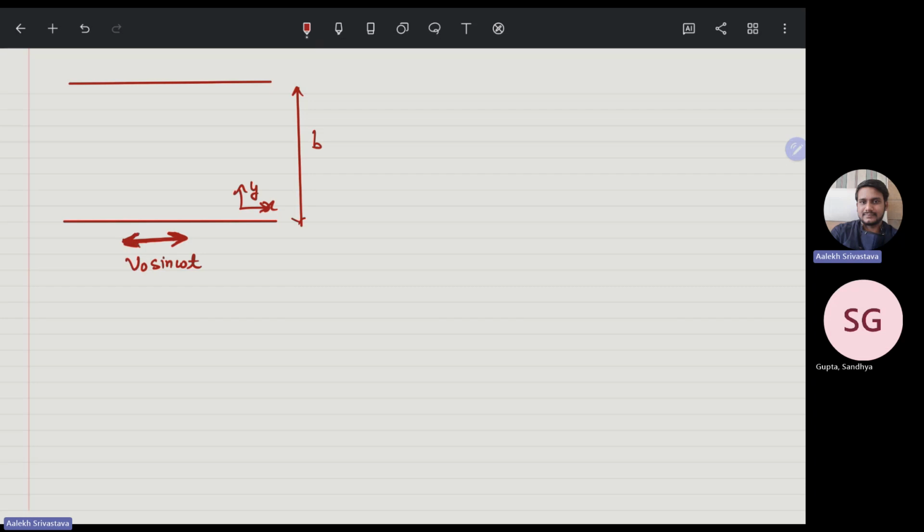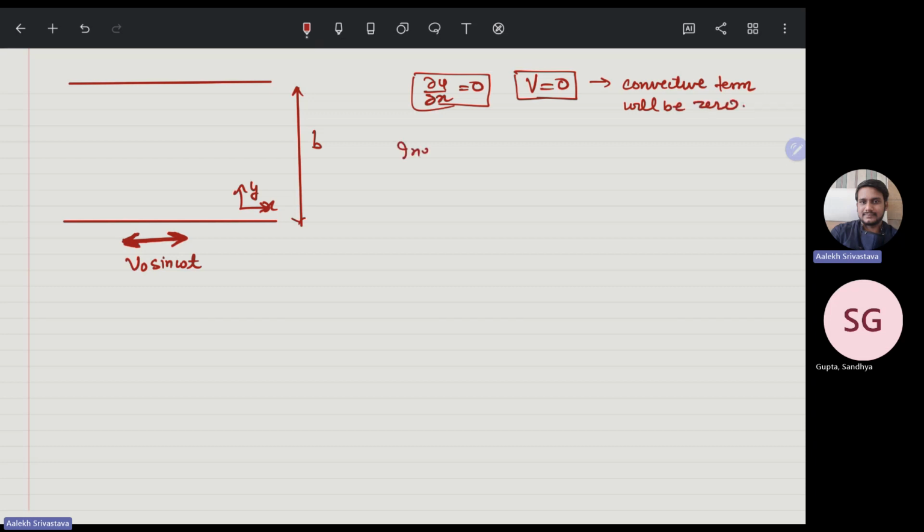First of all, because there is no variation of velocity in the x direction, we can neglect the convective term, because here del u by del x is equal to 0, and only the u component is present, the v component is 0. That is why the convective term will be 0.